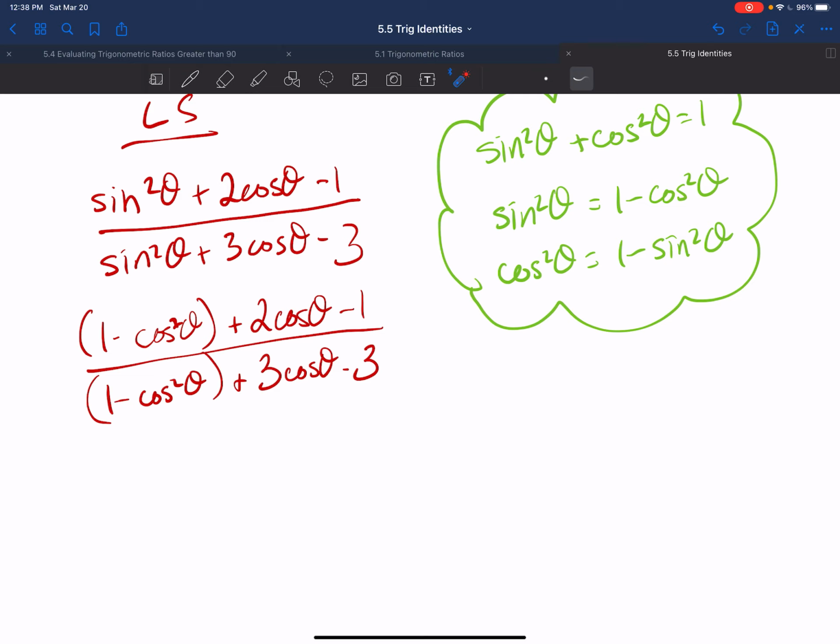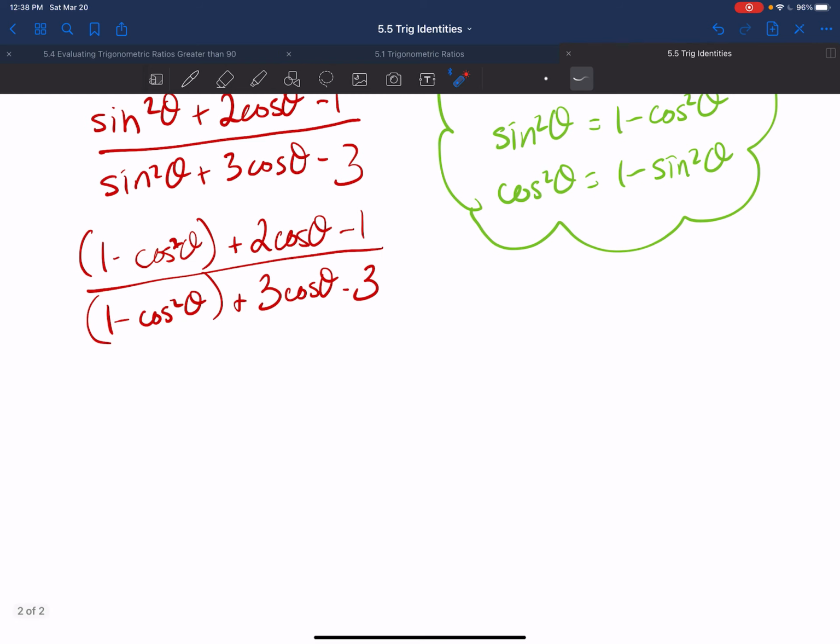So I'm not going to replace it with cos or anything like that. I want to get cos in there, right? This is already sine. I want to change it to cos. So I changed it there, and I knew I was going to get a cos squared. So now that we've done that, I'm going to simplify.